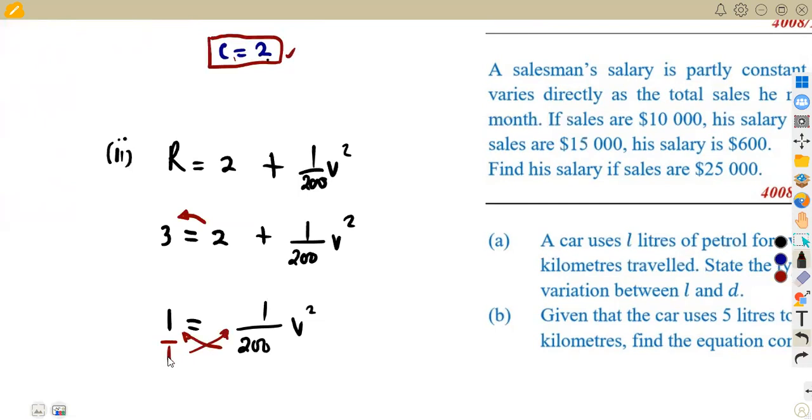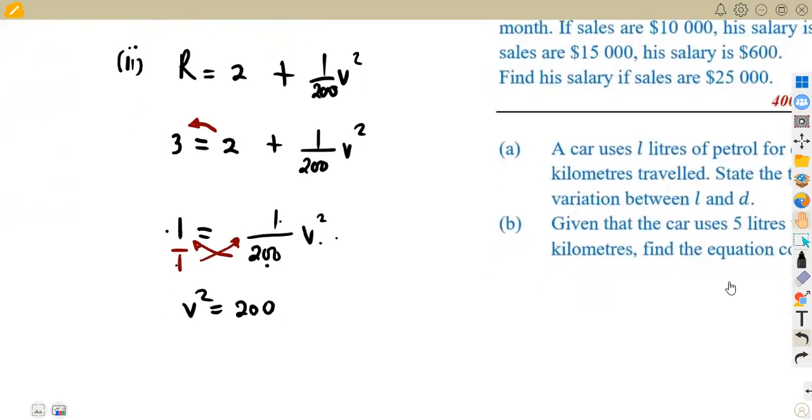That is going to be 1 times 1, V squared is 200 times 1, which is 200. Or you can simply multiply by 200 this side, multiply by 200 that side. So if V squared is equal to 200, what about V? Not V squared. The V is going to be the square root. So to remove the square, you introduce the square root.